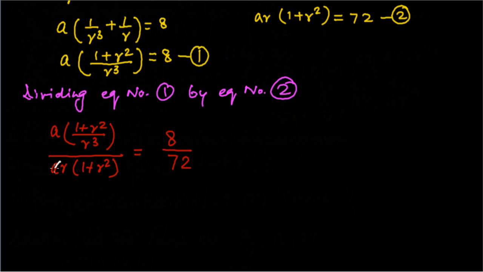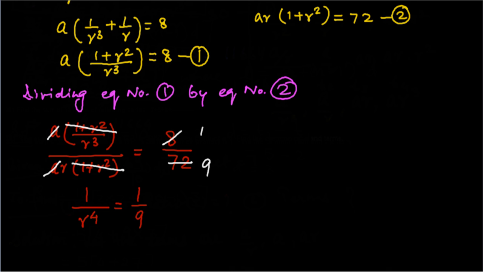See here, A and A will eliminate, and 1 plus R square will eliminate. So we get 1 upon R power 4 is equal to 8 by 72. We can divide this further: 8 ones are 8, 8 nines are 72. So we get 1 by 9.